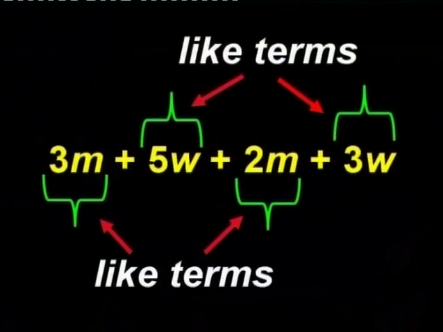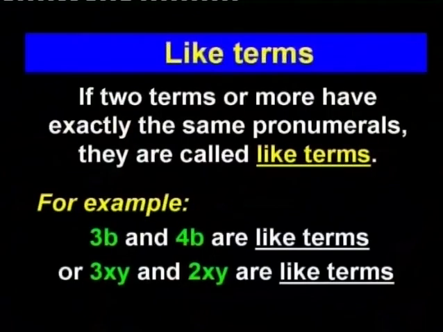They are like terms. 5W and 3W are like terms. Let's see the next one. That definition is written in your workbook, so no need for you to copy that down. For the model class, receiving school students, 2 terms or more that have exactly the same pronumerals are called what? Like terms. And we have examples here to show like terms.